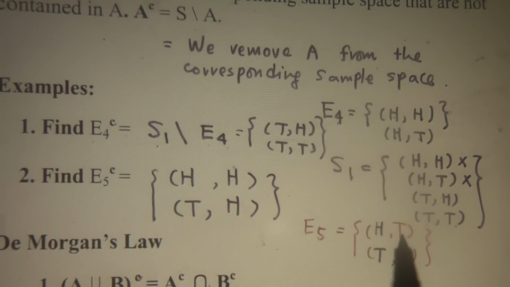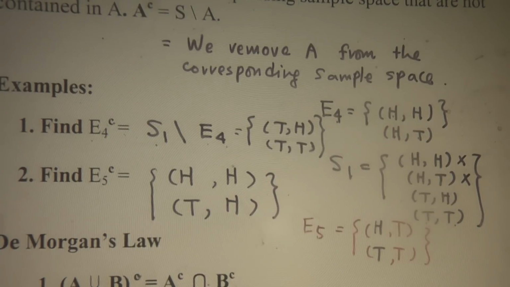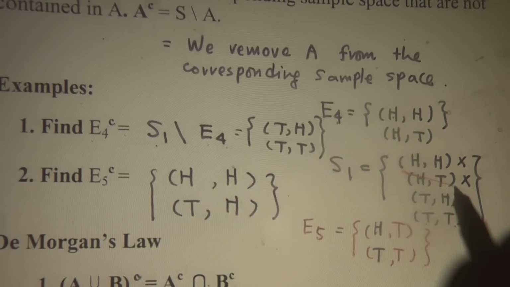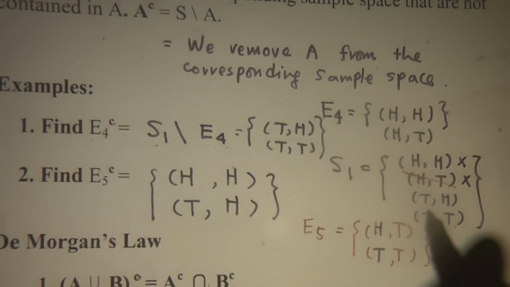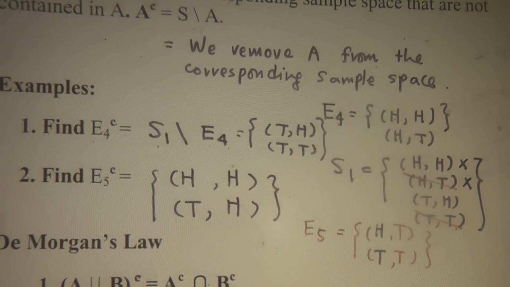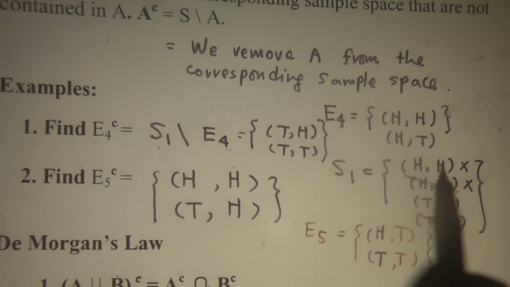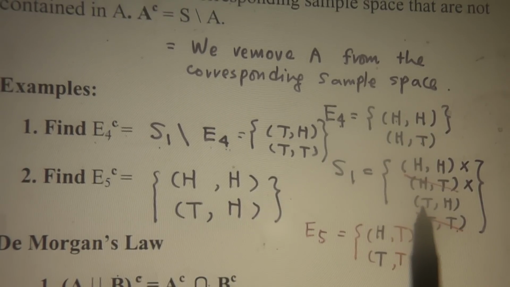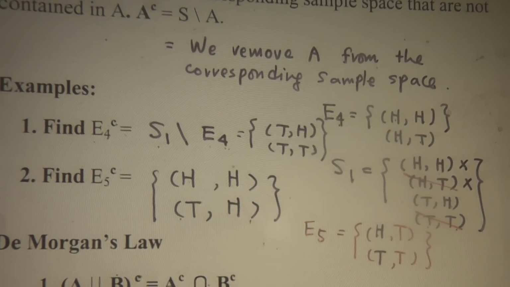So we remove head-tail from S1, and remove tail-tail. So what's left? Only 2 possible outcomes are left, right? The 2 possible outcomes are head-head, which is this one here, and the other one is tail-head, which is this one here. Okay?